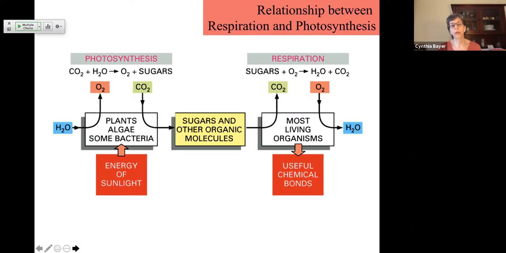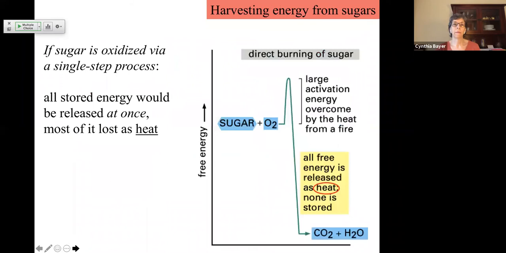And we want to take a look at how that occurs in a cell relative to a non-living chemical reaction, a chemical reaction outside of a cell. If sugar is oxidized, burned, degraded, broken down in the presence of oxygen in a single step process.